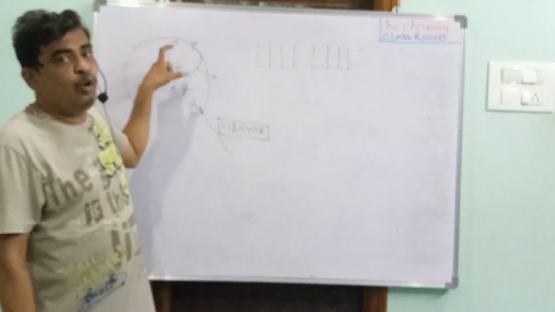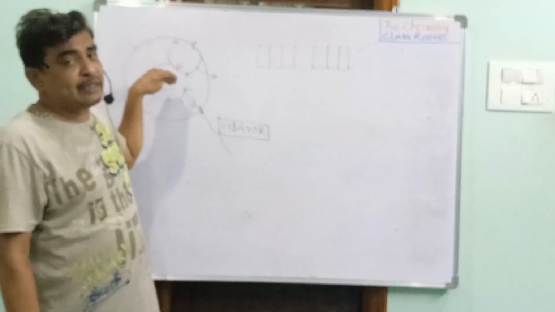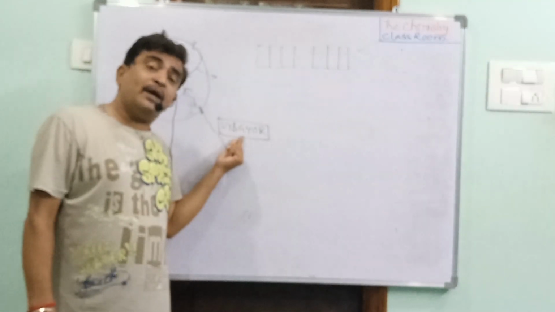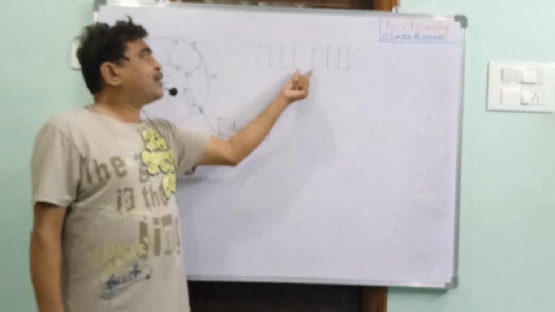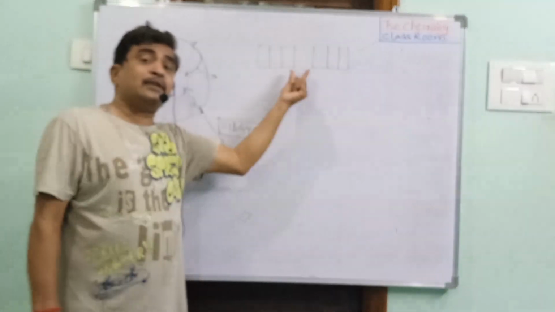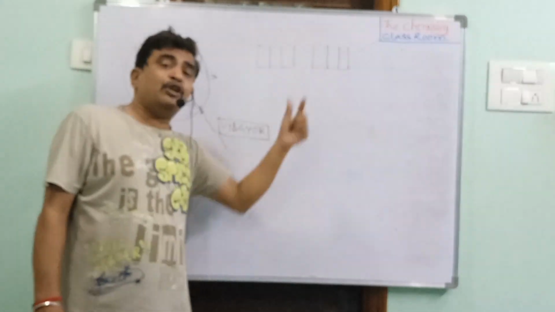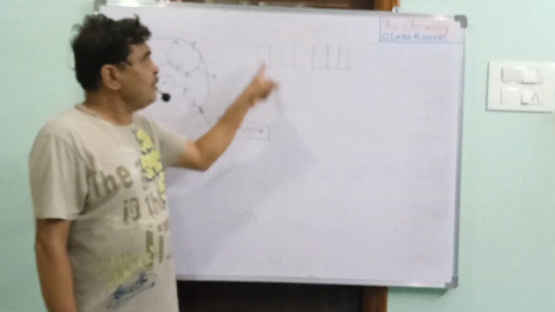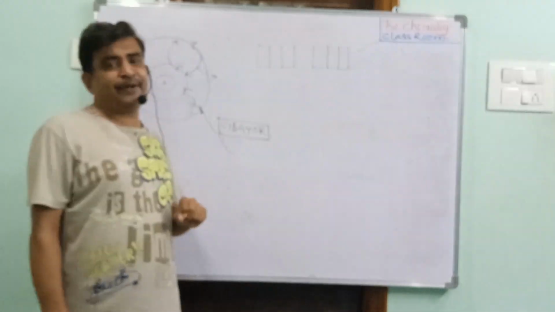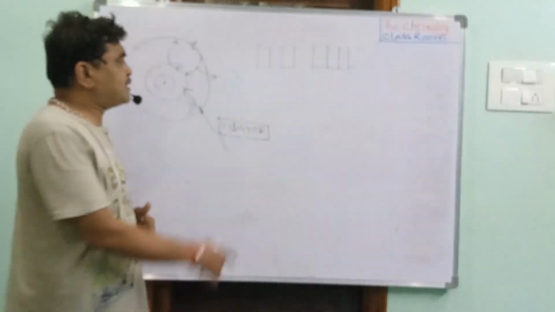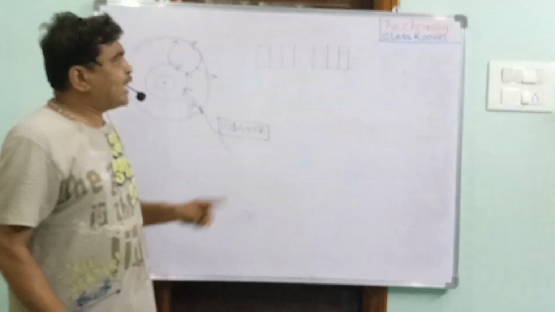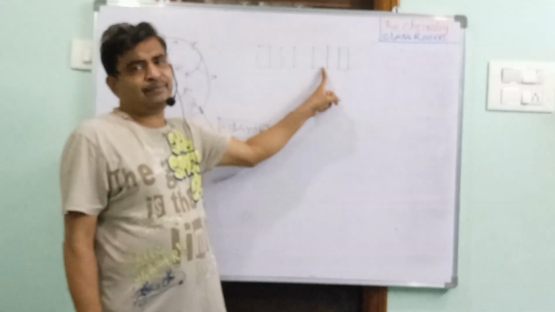When atoms are excited from the first orbit to the next level, one color is absorbed by the atom. At the place of that color, you are getting the black, that means you are getting some space. A discontinuous or line spectrum is formed because of the absorption of one color. For example, if one atom absorbs the yellow color and the remaining light is released, at the place of yellow you will get the black.